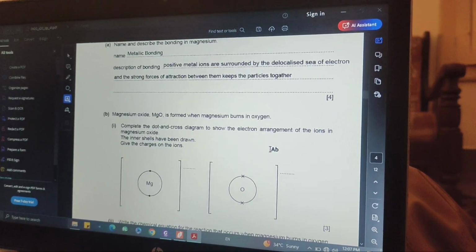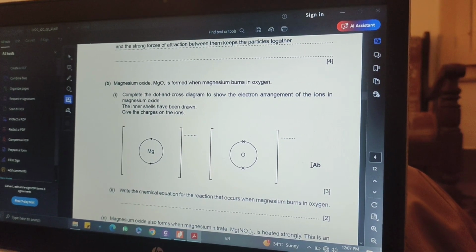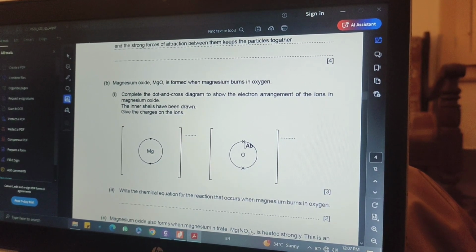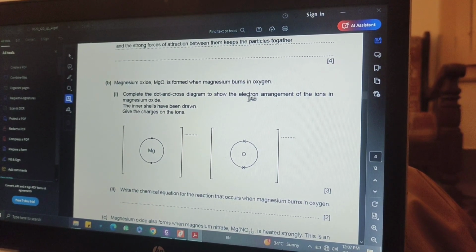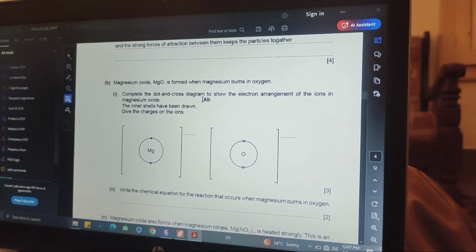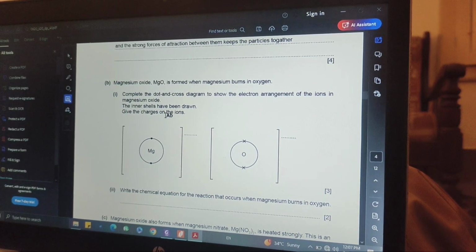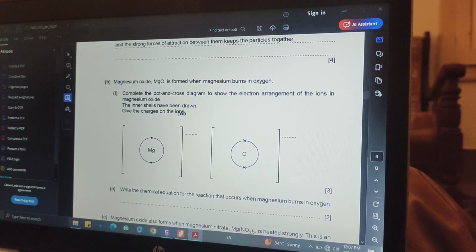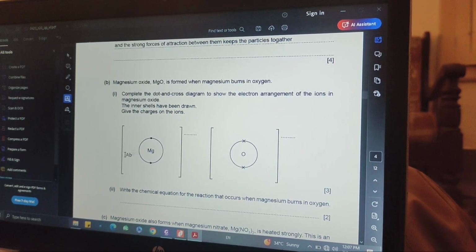So magnesium oxide, MgO, is formed when magnesium burns with oxygen. Complete the dot and cross diagram to show the electron arrangement of the ions in magnesium oxide. The inner shells have been drawn; give the charges on the ions too. So here only the first shell of both atoms is given.